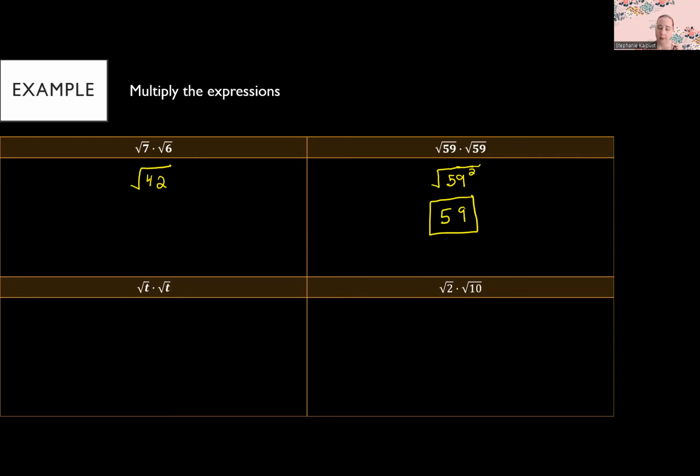So that means, okay, I can take the square root, I'm going to do so. That's my final answer. Now compare this to the square root of 42. If you put the square root of 42 on your calculator, you get a decimal. So that doesn't come out to a whole number. So if you can take the square root and it gives you a whole number, you want to do that as much as possible, because it's just much easier to work with whole numbers than to work with square roots.